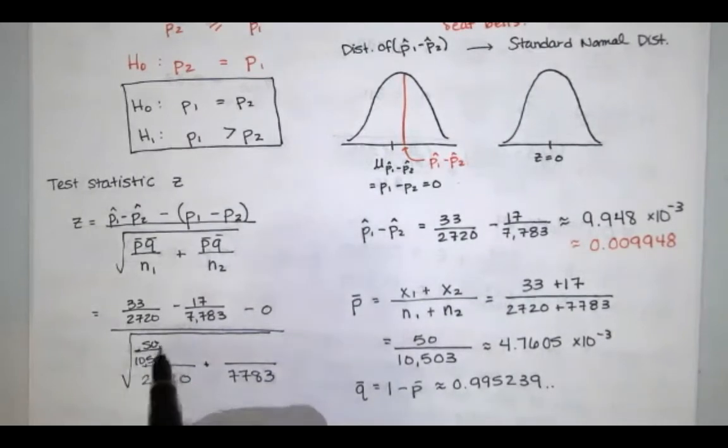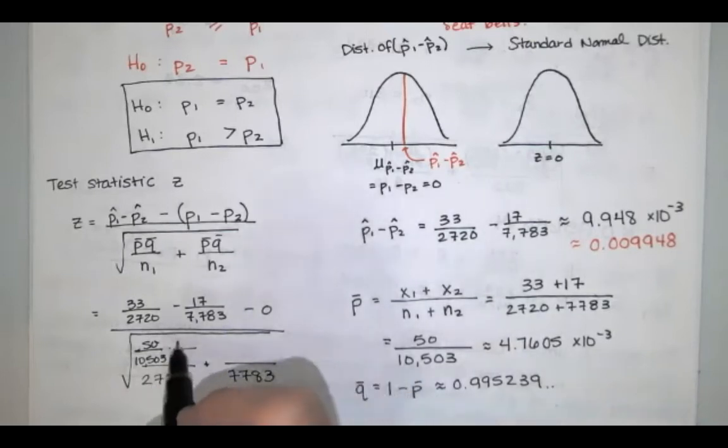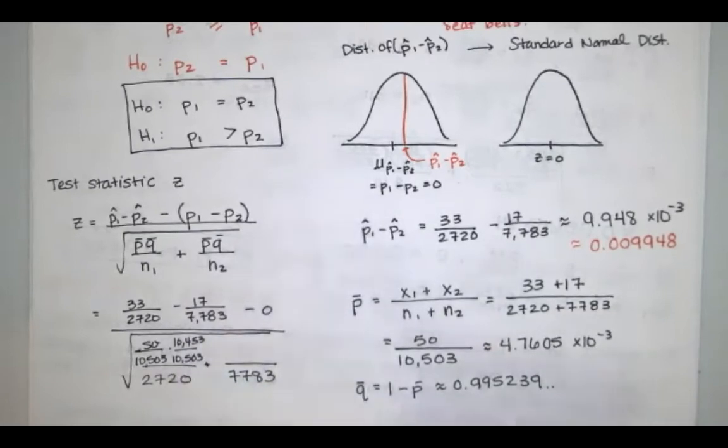And then we want to multiply that by Q bar. So it's going to be 10,503 minus 50, so that's 10,453, out of 10,503. And we're going to see the same numbers over here, so I'm just going to add little dots.